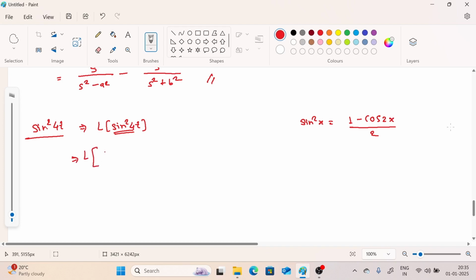Laplace of sin square 4t. The only thing is here we have the constant 4. So 1 minus cos of 2 is already there.